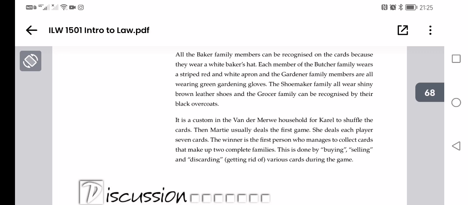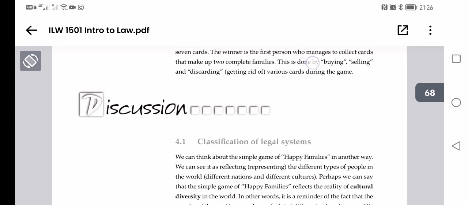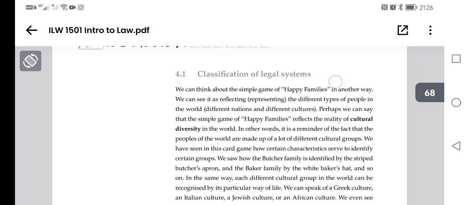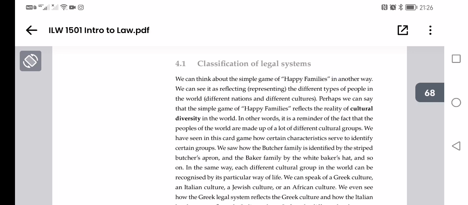Discussion. Classification of legal systems. We can think about the simple game of Happy Families in another way.